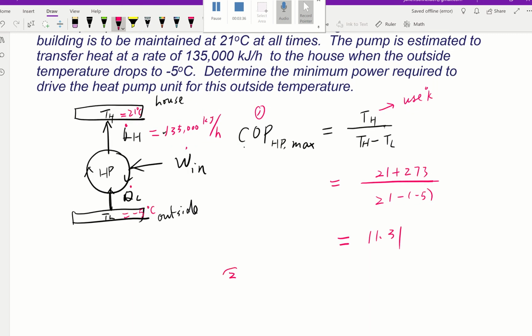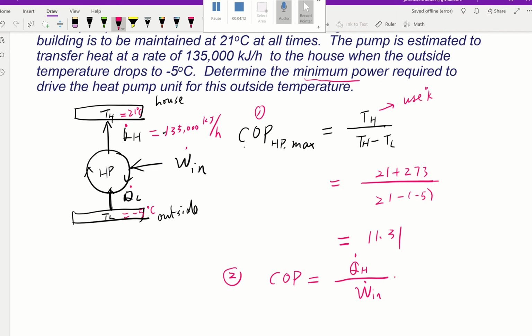That's the highest, or maximum, Carnot heat pump coefficient of performance. Because when you get this maximum value, you will get the minimum power required, right? So thinking about another formula, in reality the COP formula uses our desired, which is QH, over required, which is our work in. And I'm going to add a dot for both of them. We divide by time on both top and bottom of the fraction.